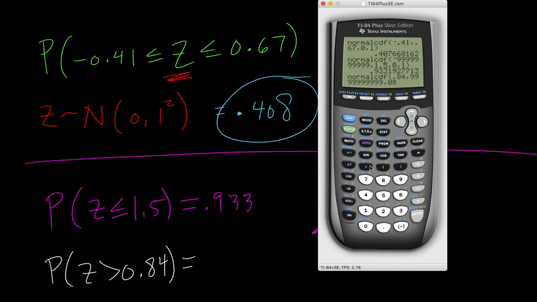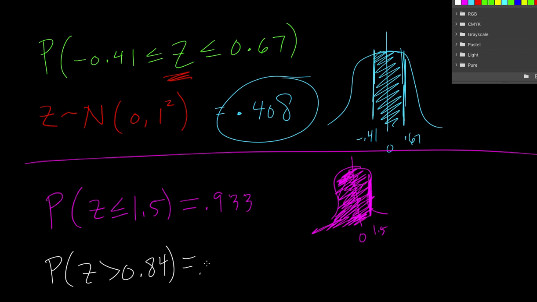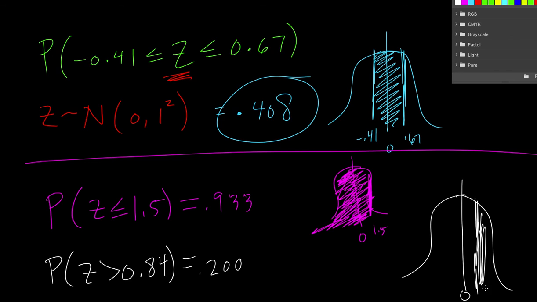And then our mean is 0, standard deviation is 1. Hit enter, and we get 0.200. Okay, once again, we have this centered at 0. 0.84 is right there. And then we shade everything above that, and that's about 0.2.